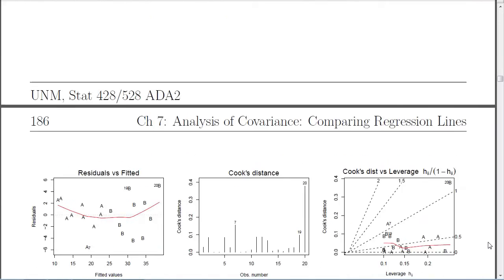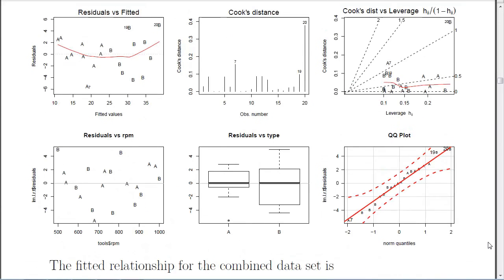When we assess model assumptions, it looks like we may have one influential observation for tool type B, largely because it has a large leverage. But otherwise the assumptions seem quite reasonable.